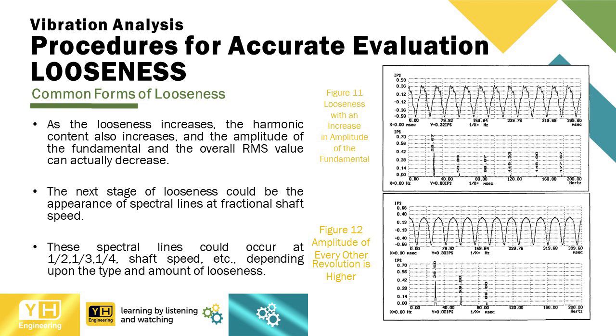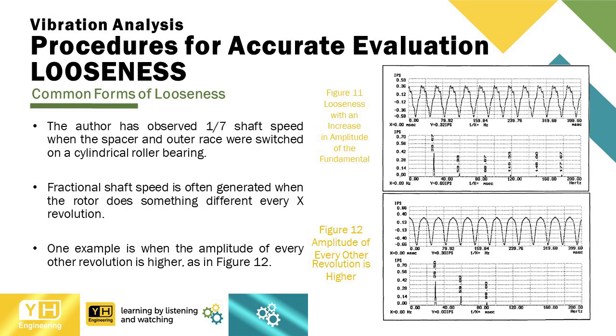These spectral lines could occur at 1/2, 1/3, 1/4 shaft speed, etc., depending upon the type and amount of looseness. The author has observed 1/7 shaft speed when the spacer and outer race were switched on a cylindrical roller bearing. Fractional shaft speed is often generated when the rotor does something different every x revolution. One example is when the amplitude of every other revolution is higher, as in Figure 12.